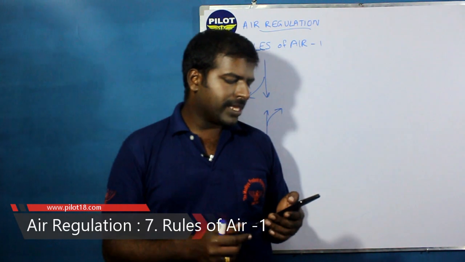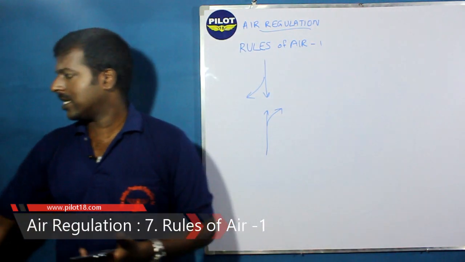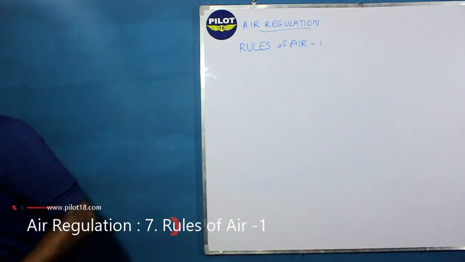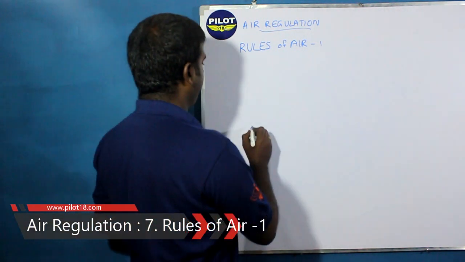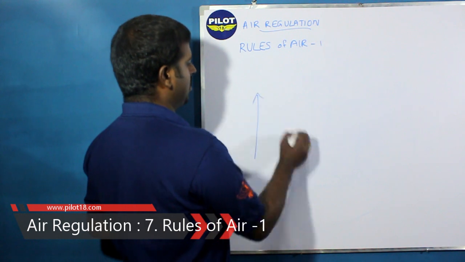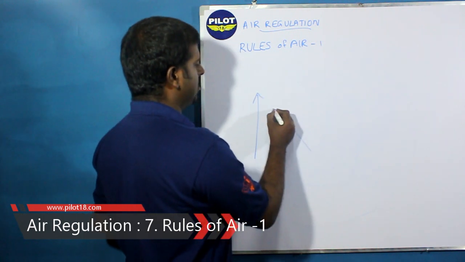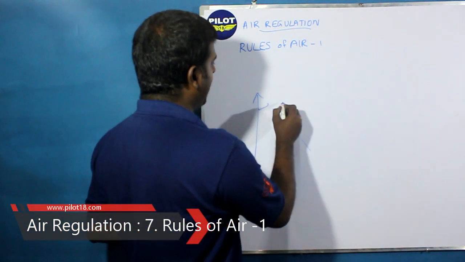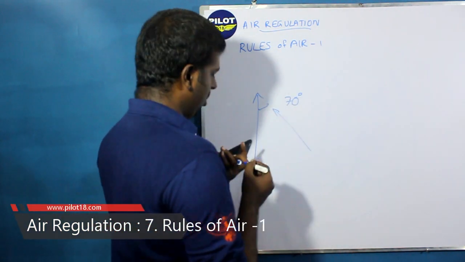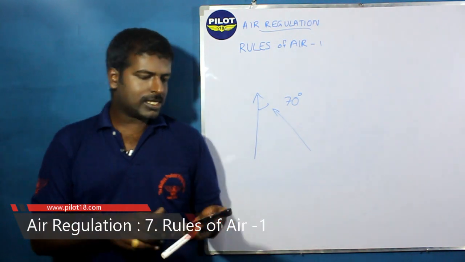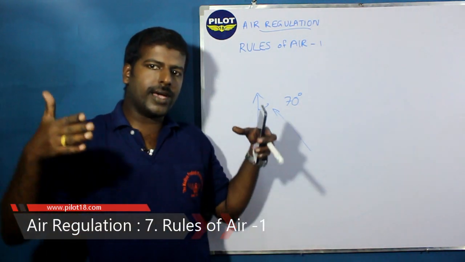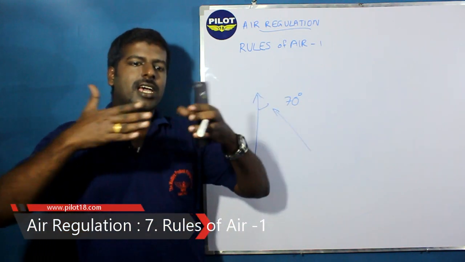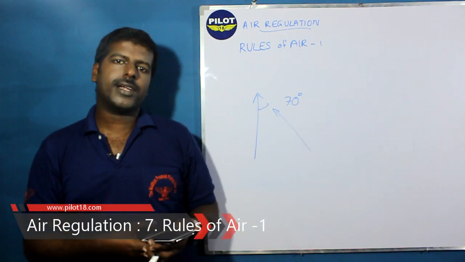Then comes converging. If two aircraft are coming in a converging manner, for example, one aircraft is coming like this and another aircraft is coming like this, the angle is less than 70 degrees. That is called converging. Sooner or later they may be at the same flight level. If they are converging at the same flight level, what should be done?